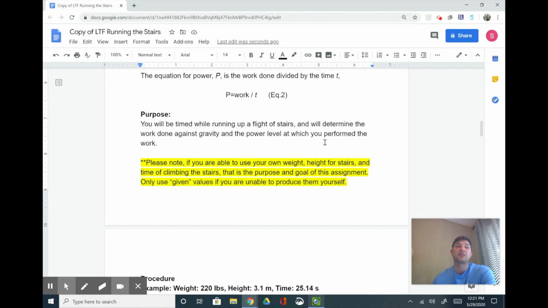The best ways to do it would be to measure each individual step and add it all together, or, if you have a long tape measure, you can do that, or you could use string and measure the string. I've had different methods. I let my students decide.